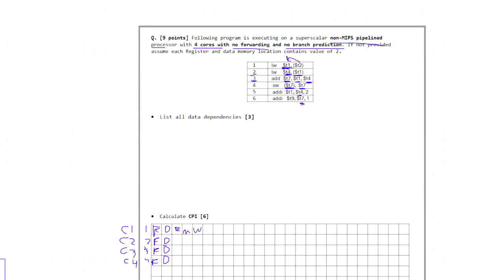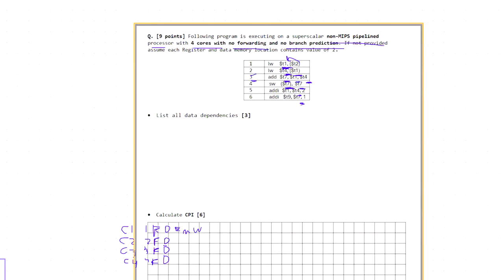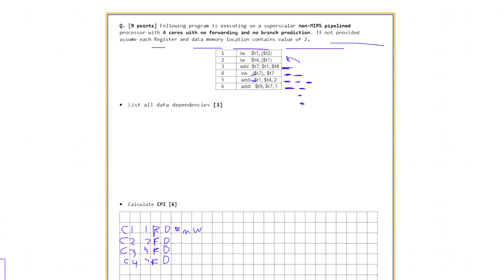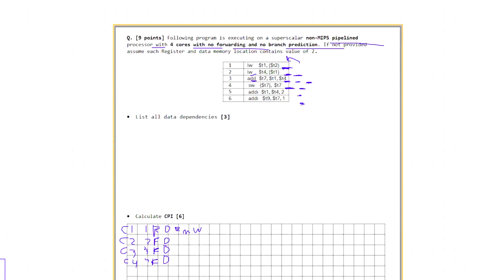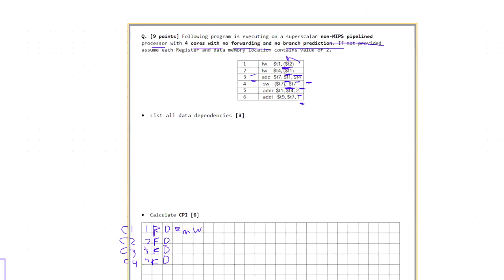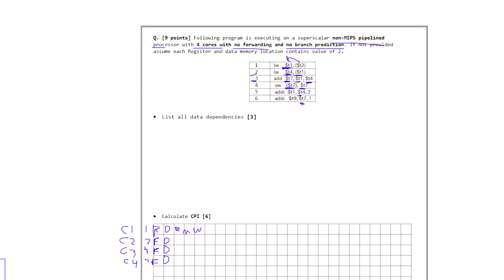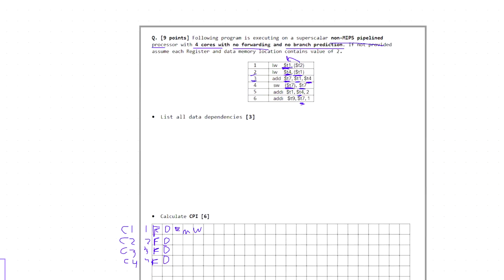Now at this point, I have instruction 2. Instruction 2 is a little bit different because instruction 2's T1 depends on instruction 1's T1. I need this to be completely done, so I have to stall.